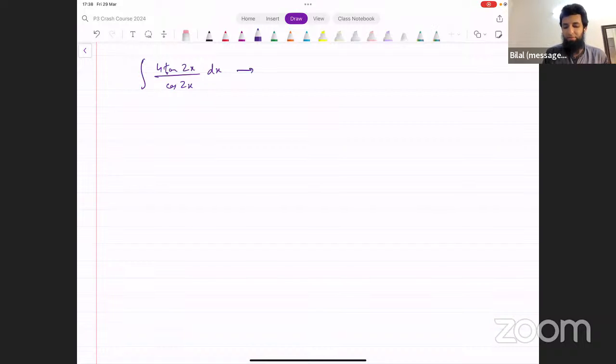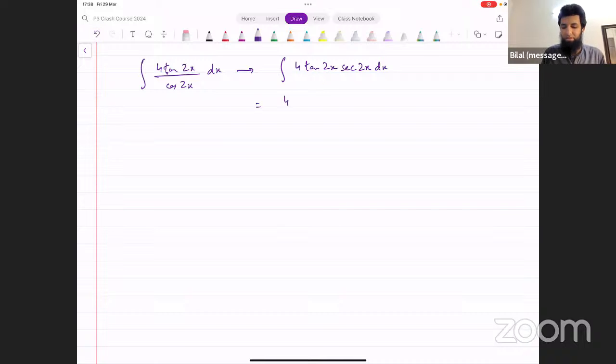What we actually can do is we can write this as 4 tan of 2x. Cos is the reciprocal of secant, or secant is the reciprocal of cos. So this cos, we could bring this to the numerator, and that will become secant of 2x. And now we have 4 into tan of 2x into secant of 2x.